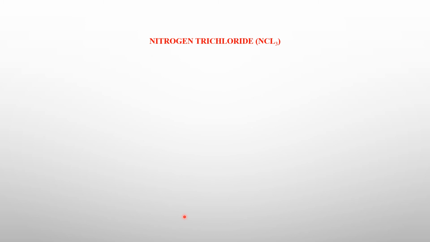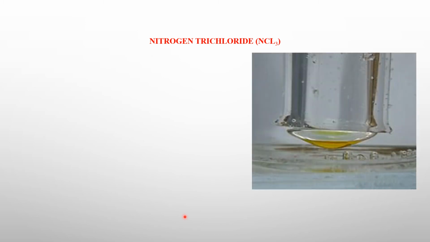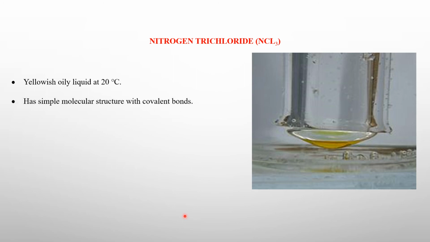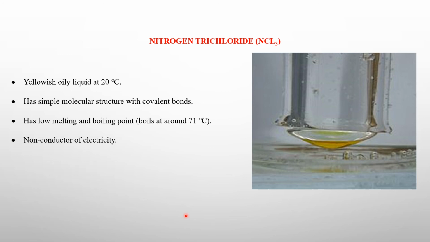And now we look at nitrogen trichloride. Nitrogen trichloride basically is a yellowish oily liquid, as you can see in the picture here. It has a simple molecular structure with covalent bonds, low melting and boiling points due to the intermolecular bonding of weak van der Waals forces of attraction, and it is a non-conductor of electricity.